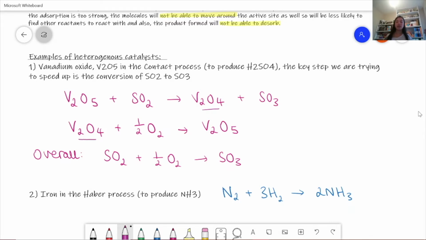And so this V2O4 then reacts with some oxygen to reform the vanadium oxide. So this is what we mean by the catalyst remains unchanged throughout the reaction. This means that you can use it again and again, reacting more and more of this sulfur dioxide to form sulfur trioxide.